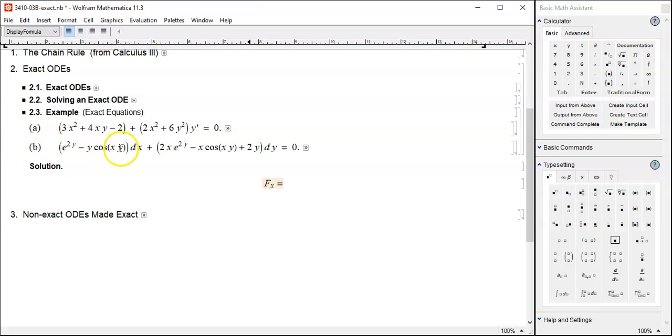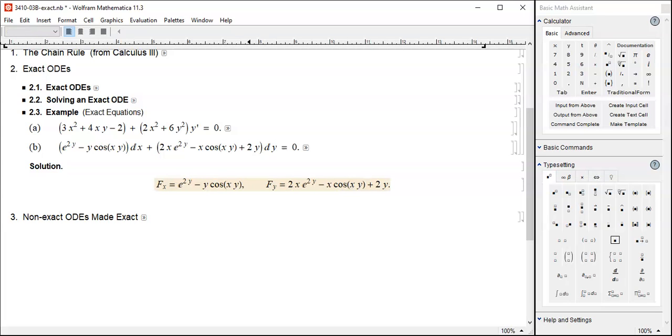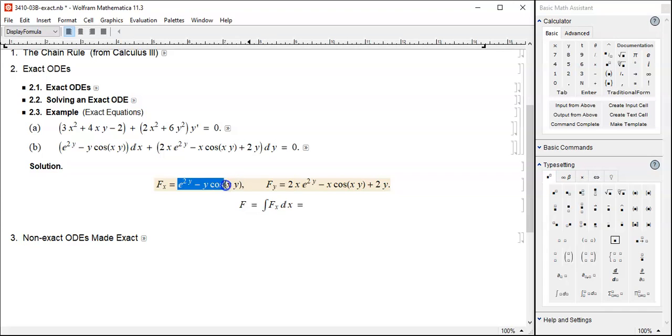F of x will be this. F of y will be n. So what is f? So partial derivative of capital F with respect to x is this one. So in order to get original, we have to take the antiderivative with respect to the same variable x.